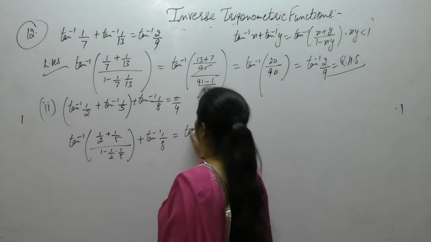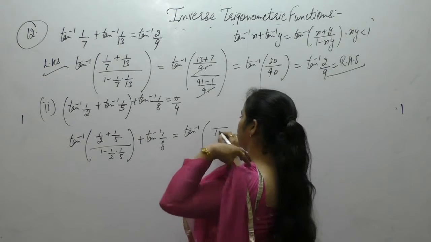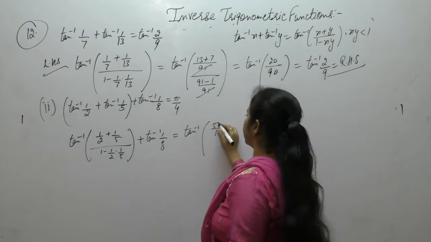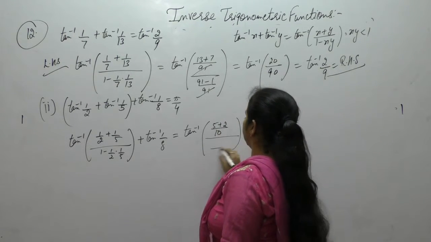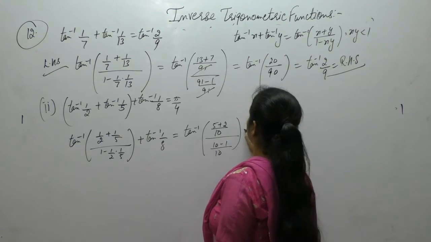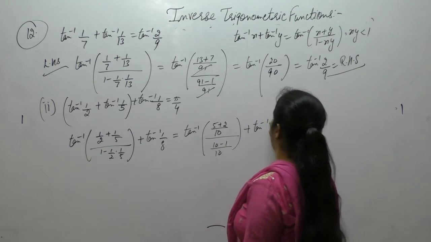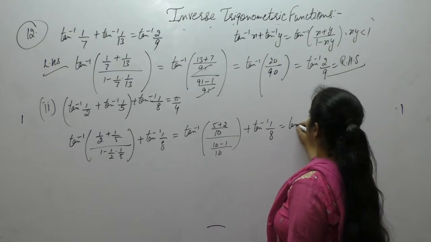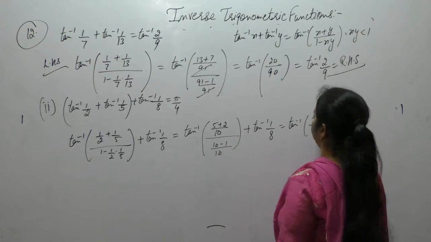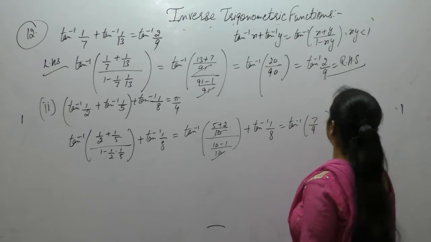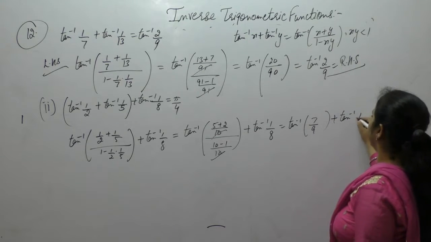So we get tan inverse of (5 plus 2) upon (10 minus 1), plus tan inverse 1 by 8. So we get tan inverse 7 upon 9 plus tan inverse 1 by 8.